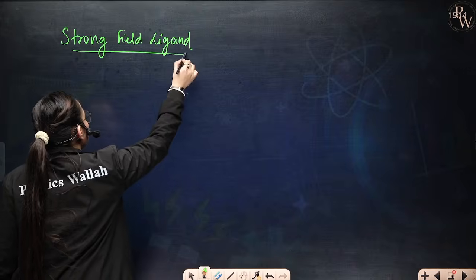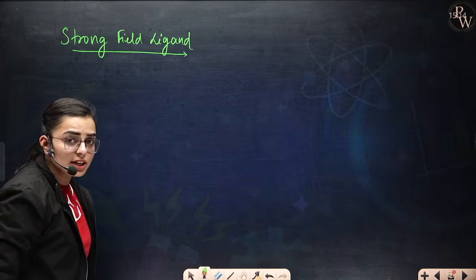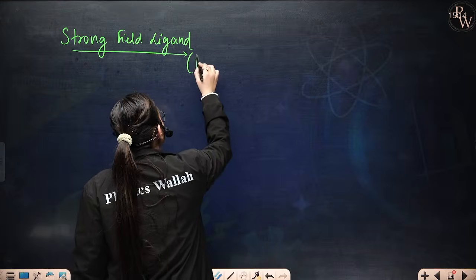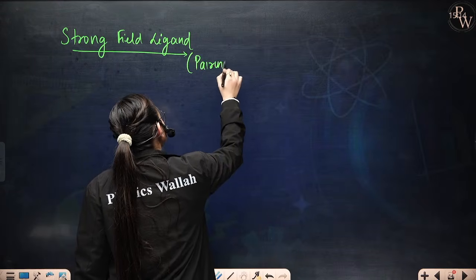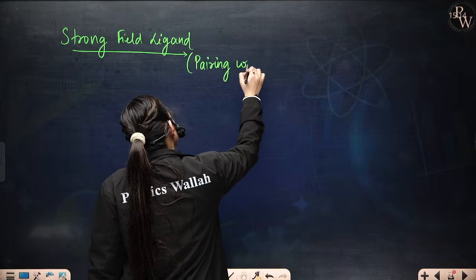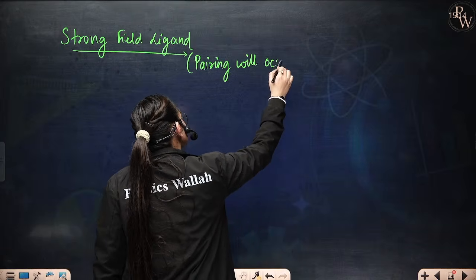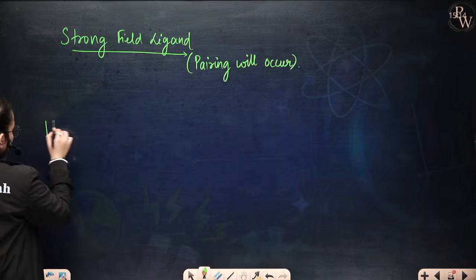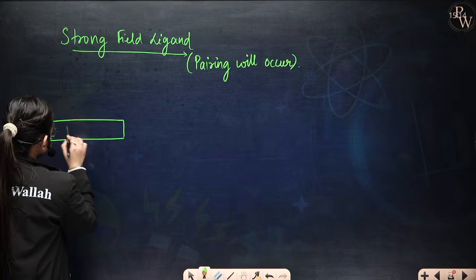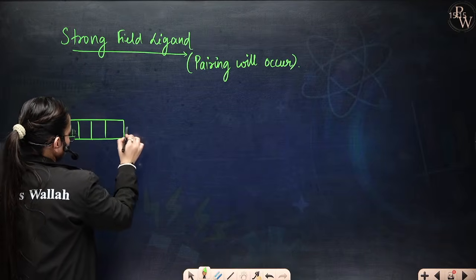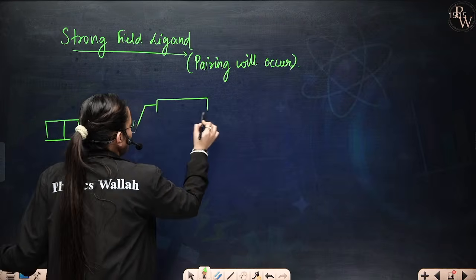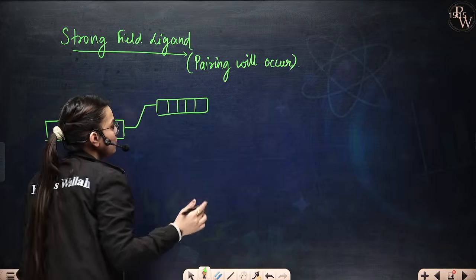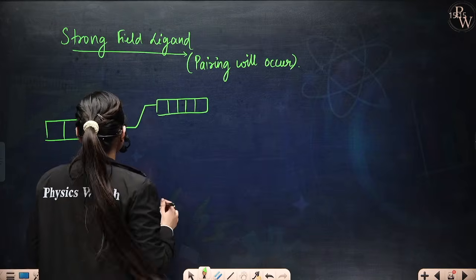See, if I talk about strong field ligand, students, what will happen? Pairing will occur. Let me show you some examples. These are the d orbitals. They will have more energy because the degeneracy broke down as the ligands were approaching.